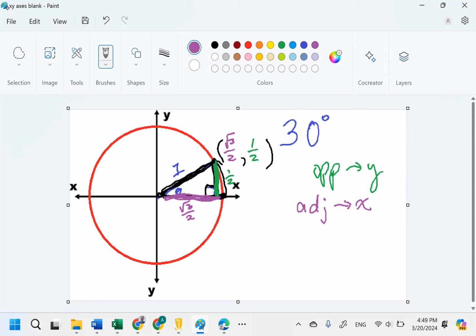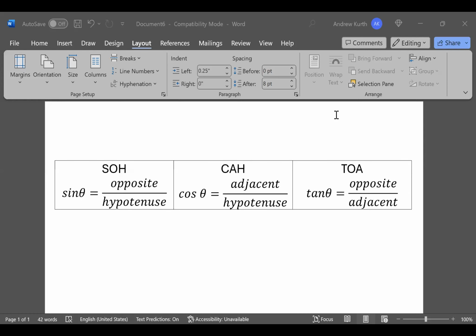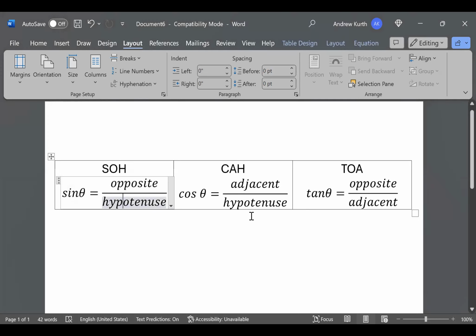Notice that because we were in the first quadrant, we had a positive x value and we had a positive y value. In the next example, we're going to show how to relate the x and the y to the sine and the cosine, by relating them to this situation here.